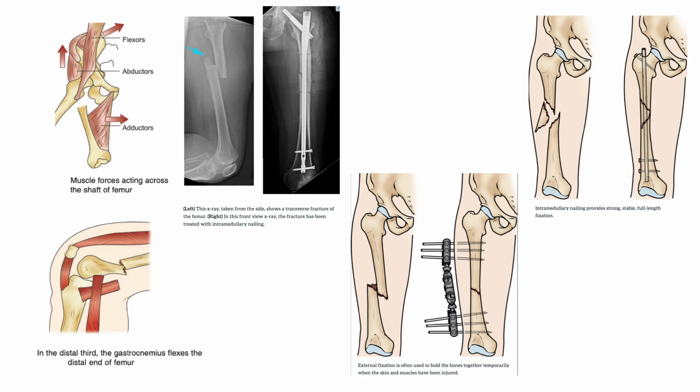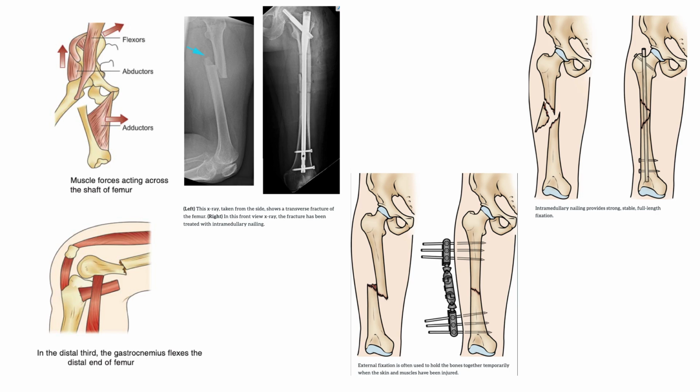This helps to keep the broken bone as aligned as possible and to maintain the length of the leg. Also, skeletal traction is a pulley system of weights and counterweights that hold the broken pieces of the bone together, and it keeps the leg straight and often helps to relieve pain.